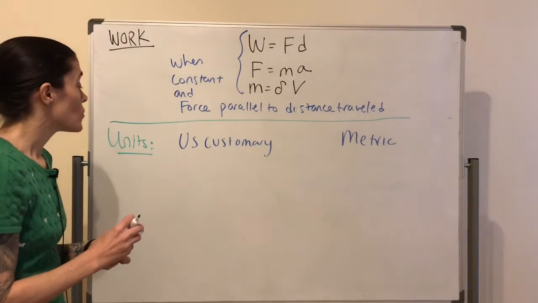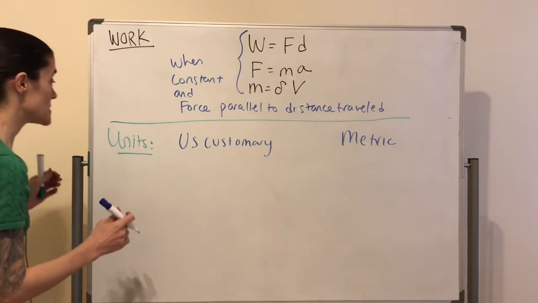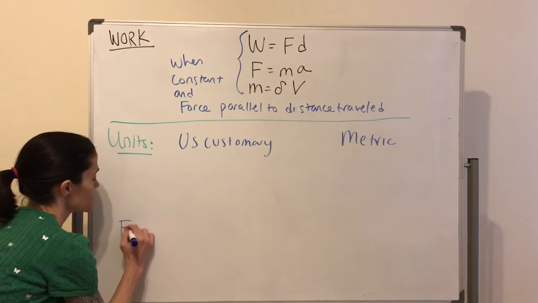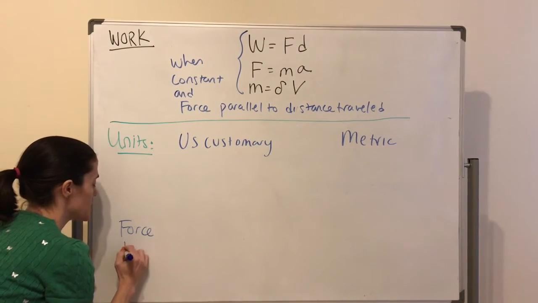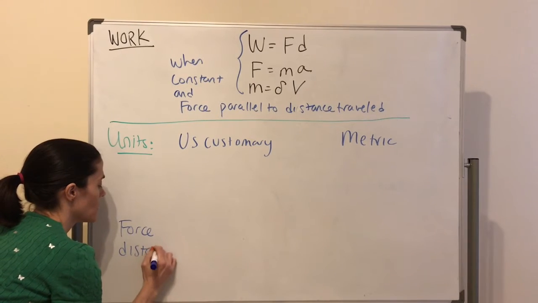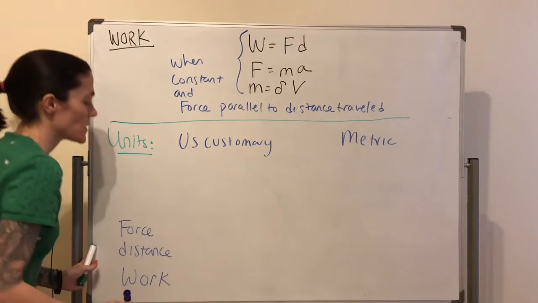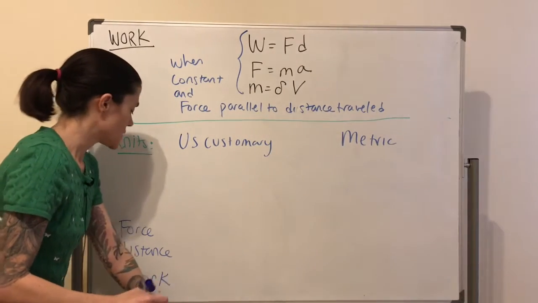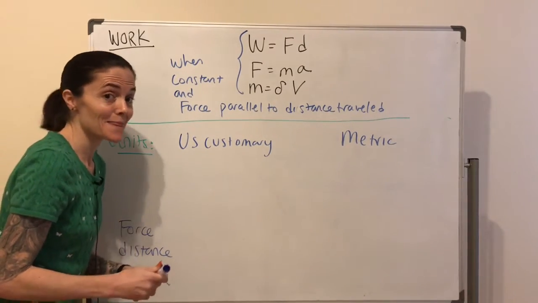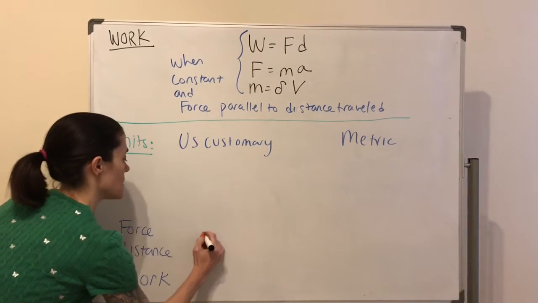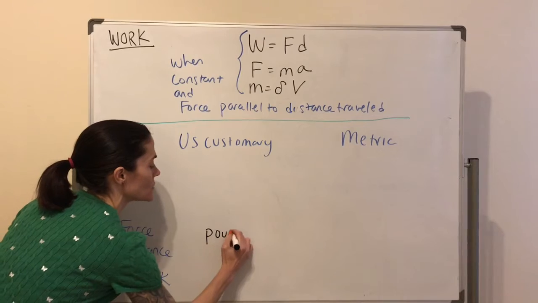Well, U.S. customary is a bit easier, and I'm going to start way down here and just talk about the force, and then the distance, and then force times distance gives us work. The units of force in U.S. customary is the pound, and this, many of you will be used to thinking about.